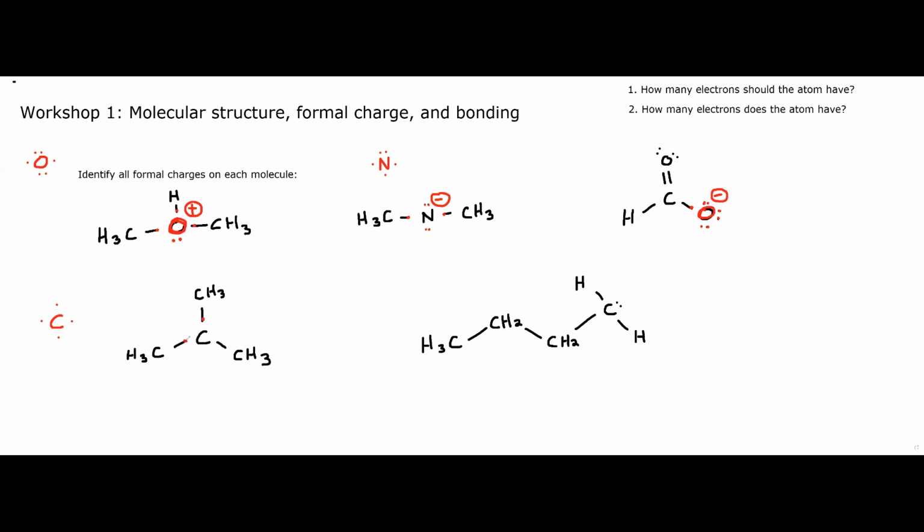Here, it only has 1, 2, 3. So if this carbon only has 3 electrons and it should have 4, it means we're missing an electron. If we're missing a negative charge, that means we're positive. So this is a positively charged carbon, or a carbocation.